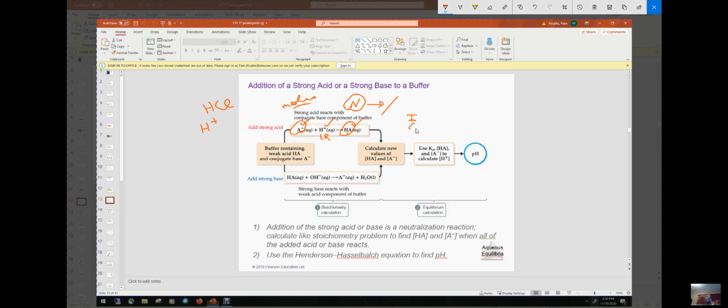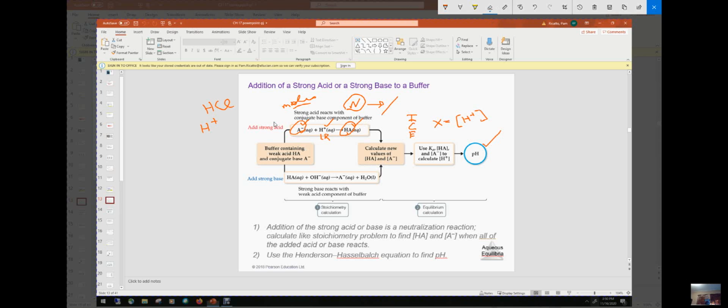And the ice table will allow me to calculate X. X is going to be, among other things, equal to hydronium, right? So if it's equal to H plus, then once I get X, after the ice table, I can easily get pH.